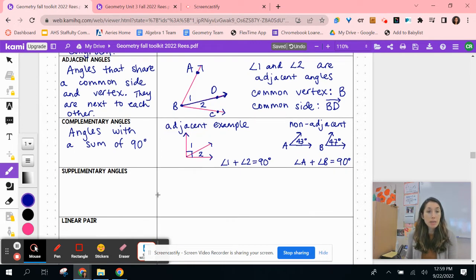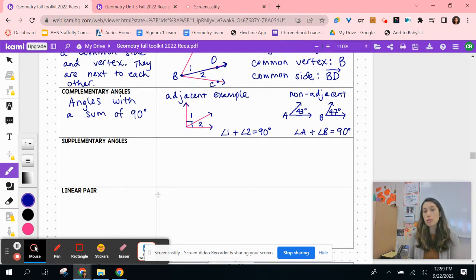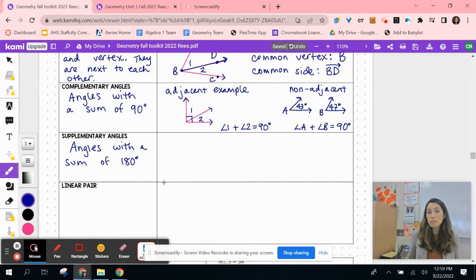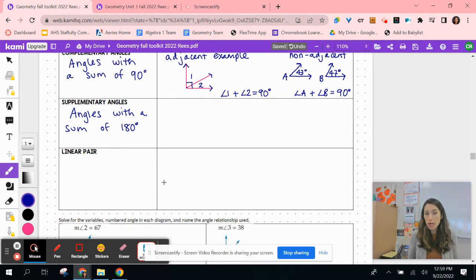Okay. Supplementary is another angle relationship that we'll see a lot. Supplementary is when angles add up to 180. So, angles with a sum of 180 degrees. Okay, now we have angles that add up to 180.